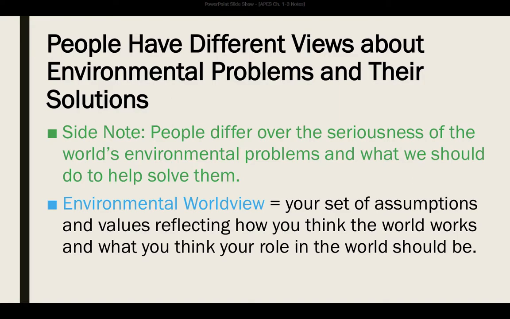People have different views about different environmental problems and their solutions. Another challenge we face is that people differ over the seriousness of the world's environmental problems and what we should do to help solve them. Differing opinions about environmental problems and solutions arise mostly out of differing environmental worldviews.